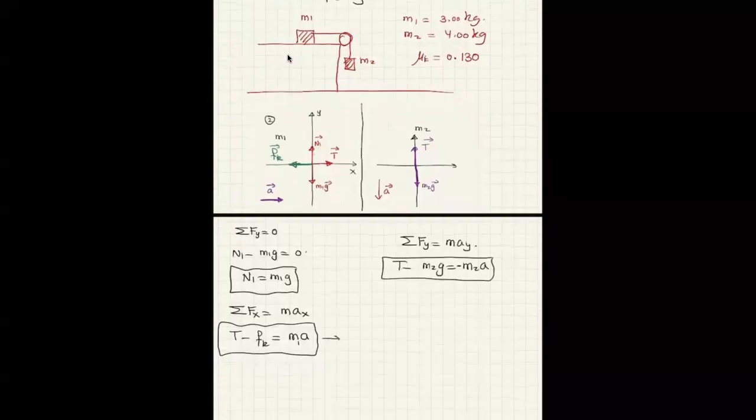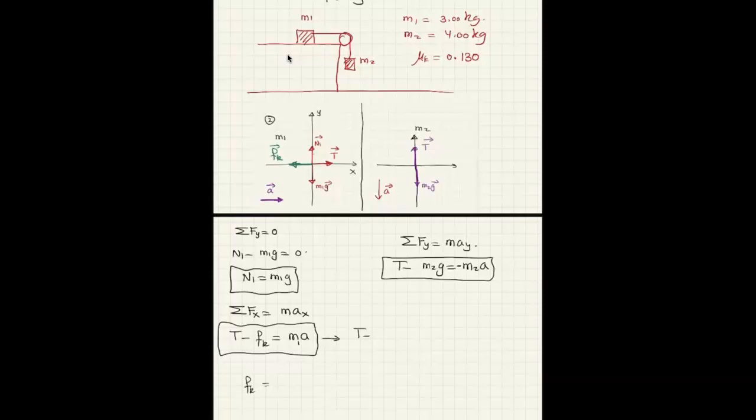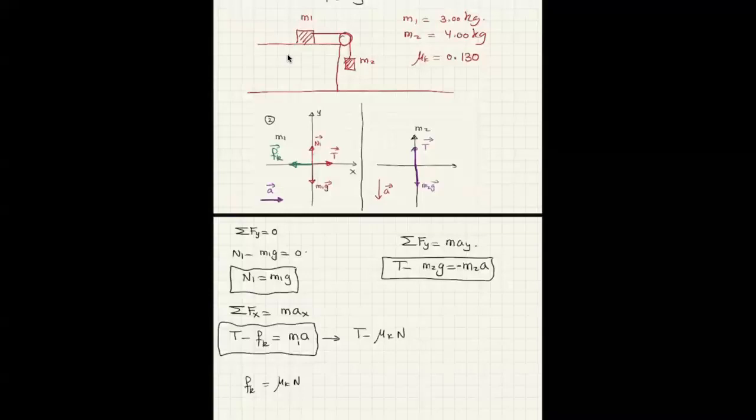This one, I can simplify by substituting the value for Fk. Remember, Fk always is mu k times the normal. Then it's gonna be T minus mu k times the normal, and that is gonna be M1A.